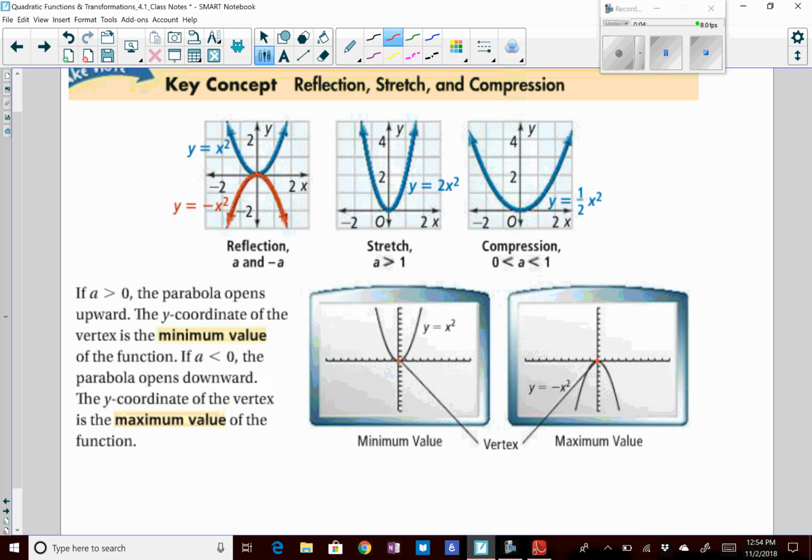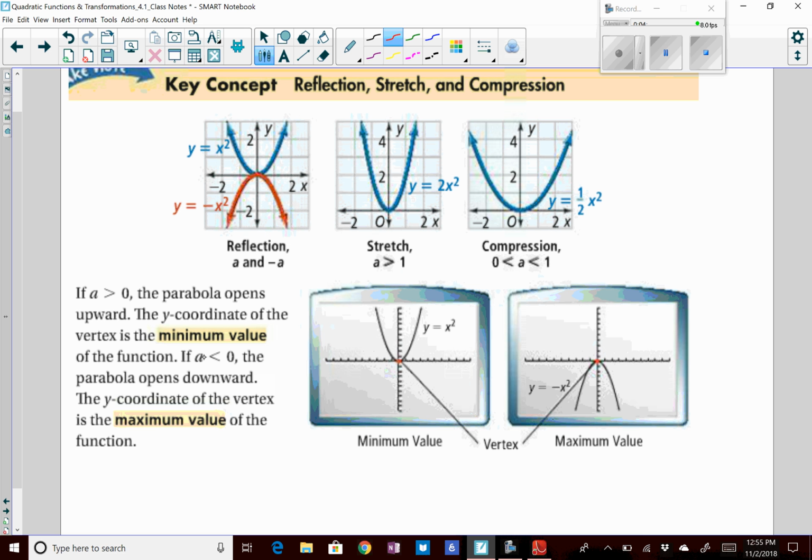A couple of additional things that we didn't see with the absolute value function, but we have here with the parabola, is that, again, if a is positive, you'll notice that the opening of the parabola is up on top and the vertex is at the lowest point. We call that a minimum value when the vertex is at the lowest point.